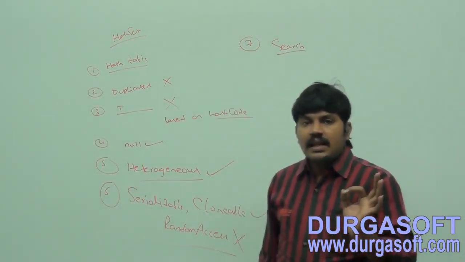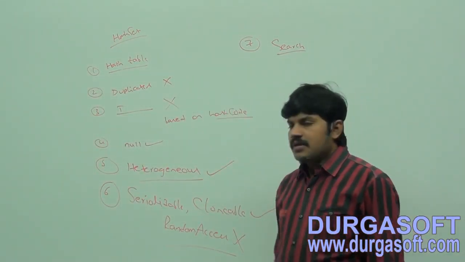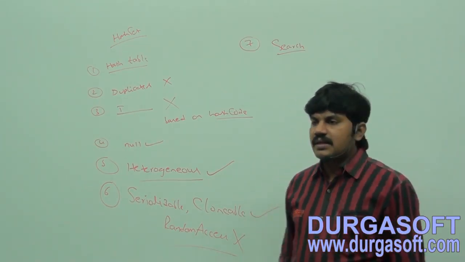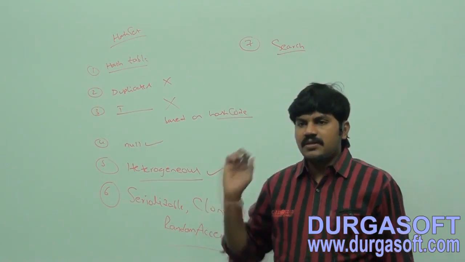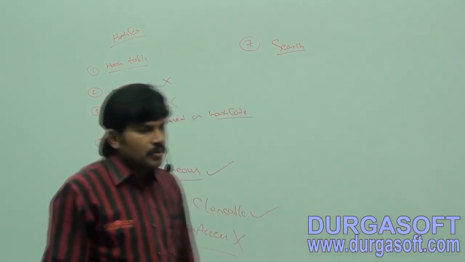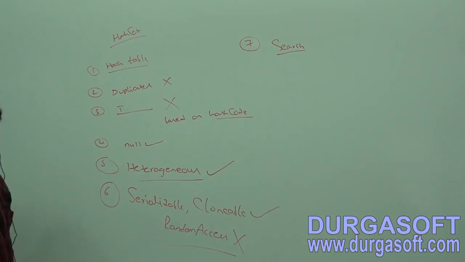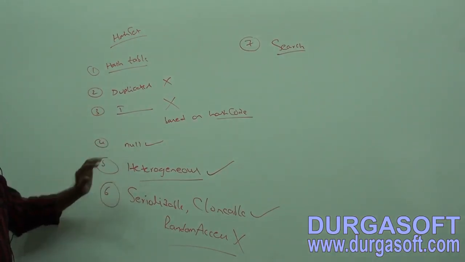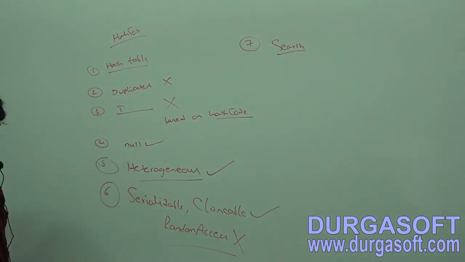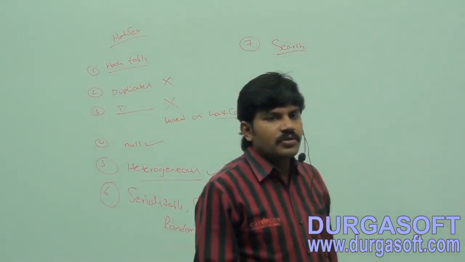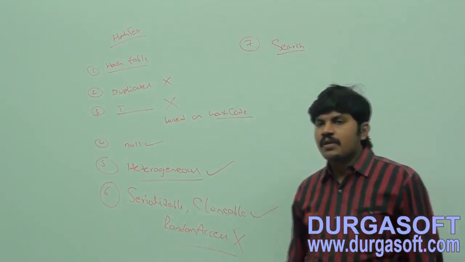Next, null insertion is possible, within bracket only once. Next, heterogeneous objects are allowed or not allowed? Allowed. Heterogeneous objects are allowed.